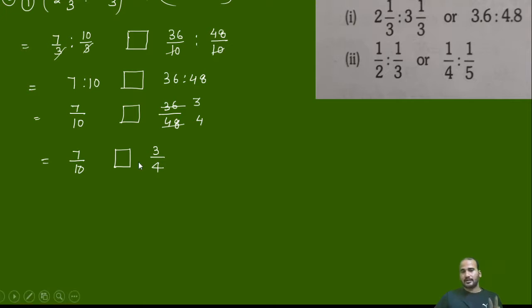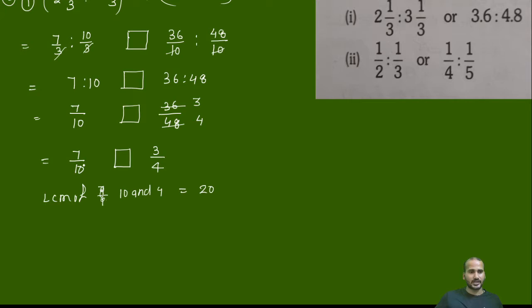Now forget about the ratio concept and just focus on the concept of fractions, where I taught you the method to find which fraction is greater. Here are two fractions, 7 upon 10 and 3 by 4. What you have to do is take the LCM of 10 and 4, so this will be 20.